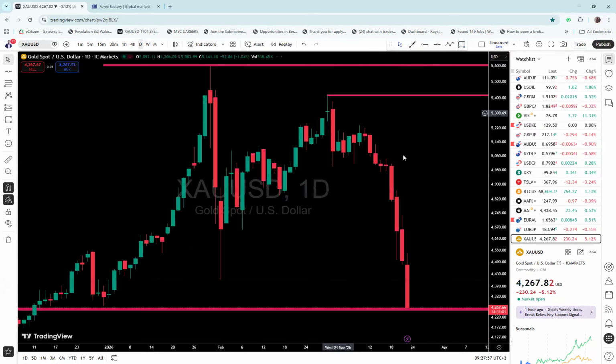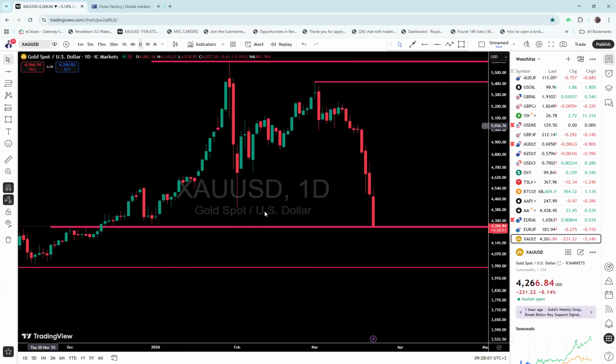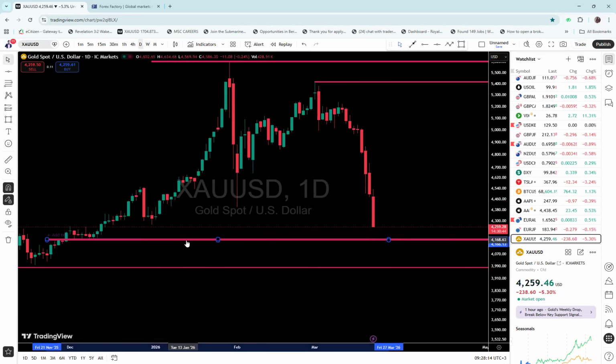Go down to the daily. On the daily, this has been the daily low for the longest time possible, but now it's no longer the daily low. It's already broken, so now we're down. That's where the market is right now. So yes, I'm gonna give it room for readjustment.